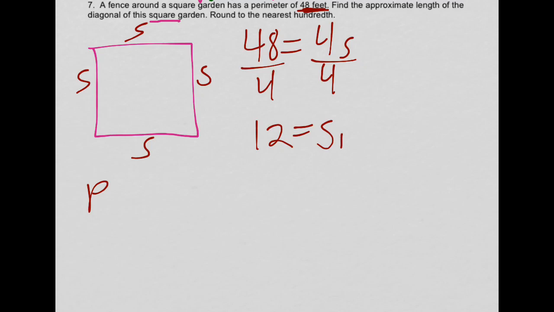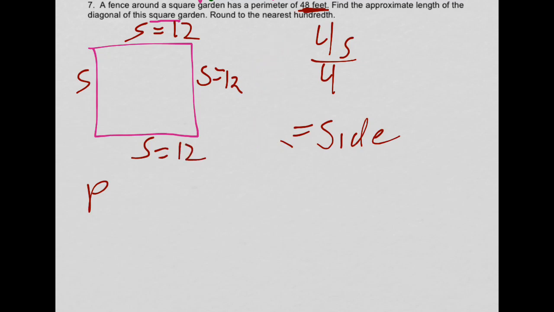So remember, S is each side, and so each side equals 12, 12, and so on and so forth, right? Now what is it asking? The length of the diagonal.